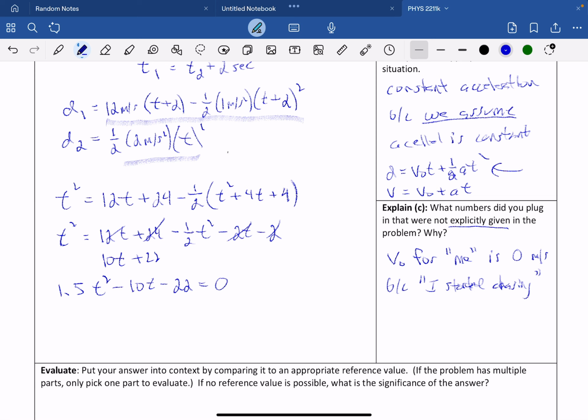And so we can do minus b plus or minus square root of b squared minus 4AC, that's 4 times 1.5 times 22, so that's 132.